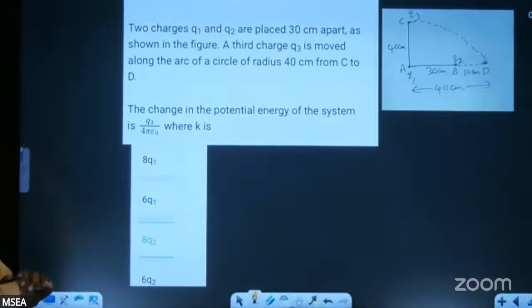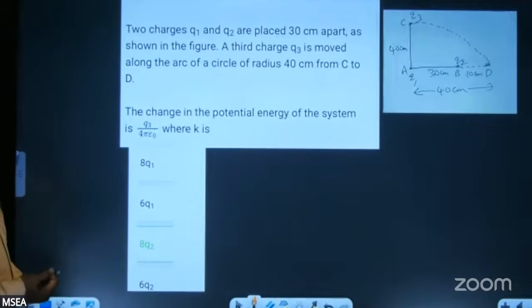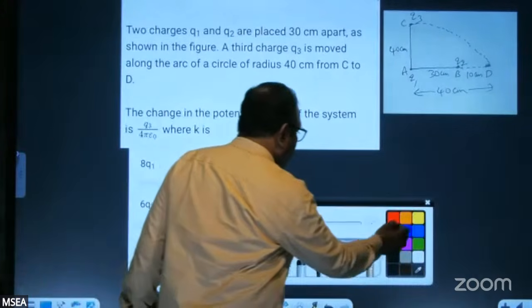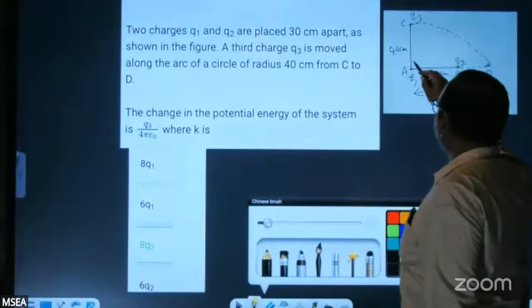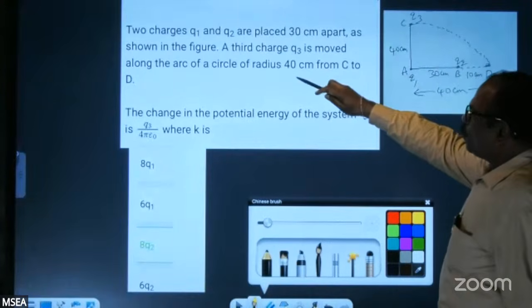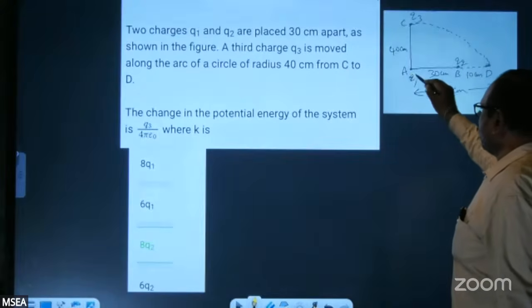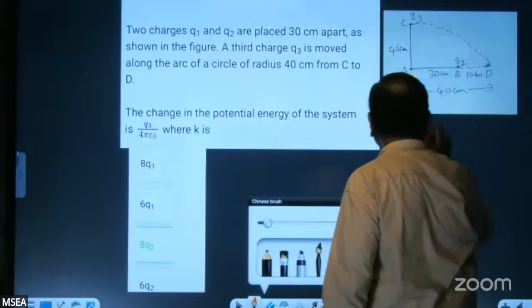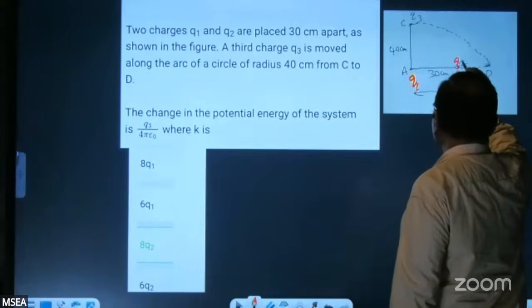So two charges Q1 and Q2 are placed 30 centimeters apart as shown in figure. Let us see this question. Here, this is point A and this one is point B. This is Q1 and this one is Q2.